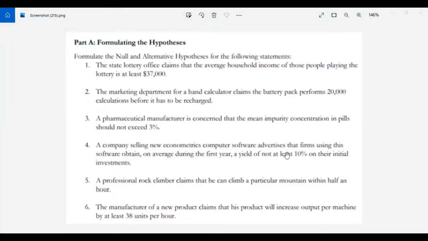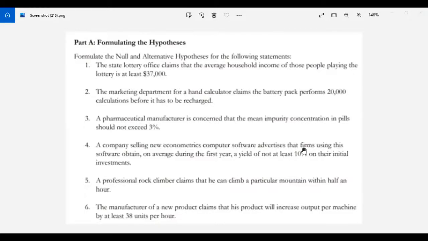So focus on the at least 10%. From Quanti, we know that under linear programming, at least is greater than or equal to. So this at least 10% is talking about the null hypothesis.